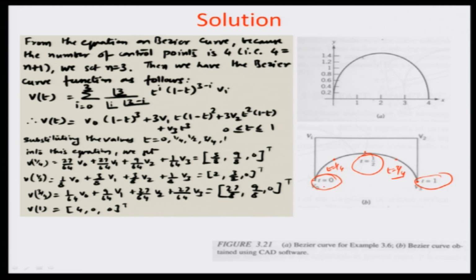Between these 2 points V0 and V3 there are several other points, like probably in this particular case V1, V2, V3 and the V4 point. Okay.